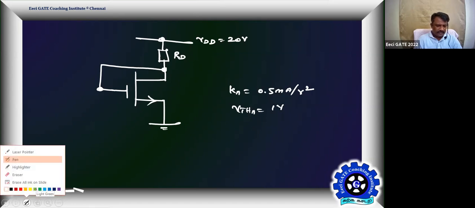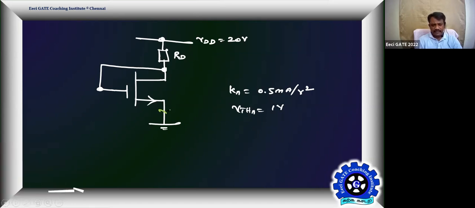Find the current in the channel. Find the current ID in the given circuit. That's all, that's the example. Let me supply only the value of RD.